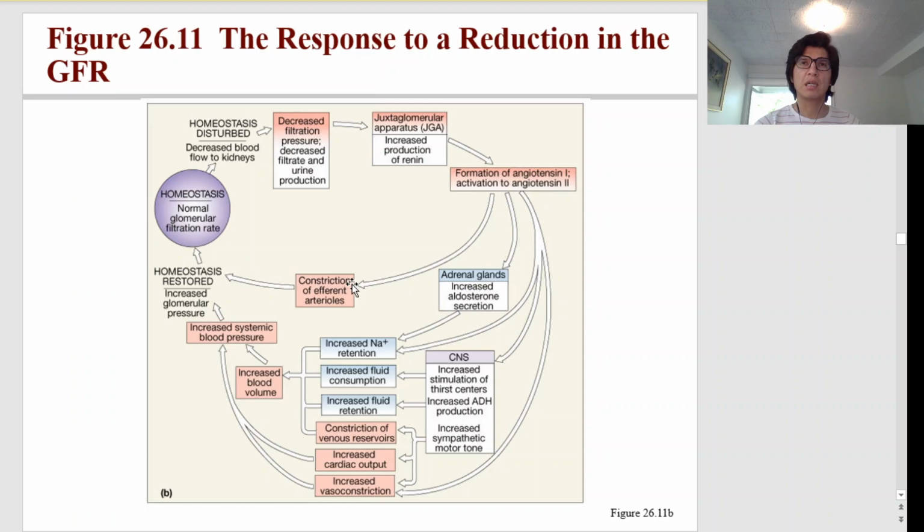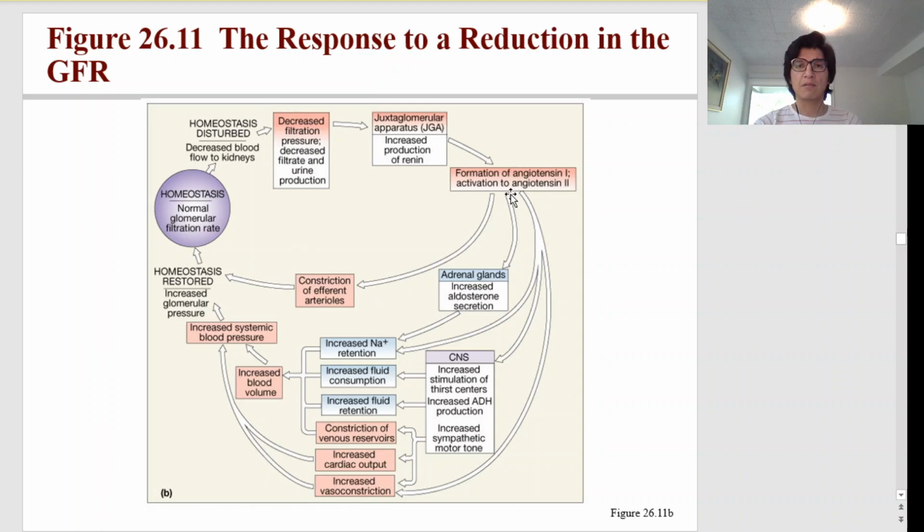We mentioned the afferent arteriole goes into the glomerulus, and the efferent arteriole leaves the glomerulus. There is a bottleneck at the efferent arteriole, so fluid accumulates at the glomerulus, increasing the pressure. Whenever there's a low glomerular filtration rate, the lumen of the efferent arteriole decreases even further, so there is more of a bottleneck, and the pressure increases at the level of the glomerulus.